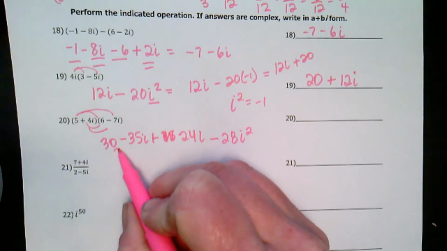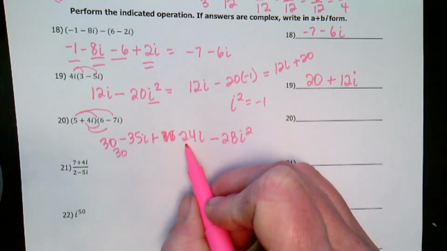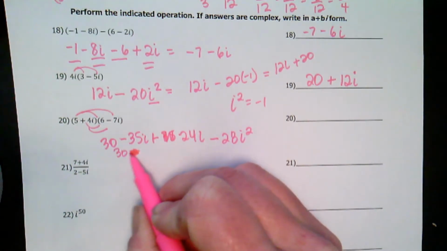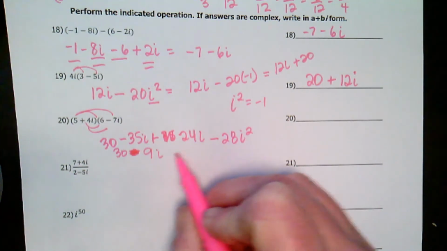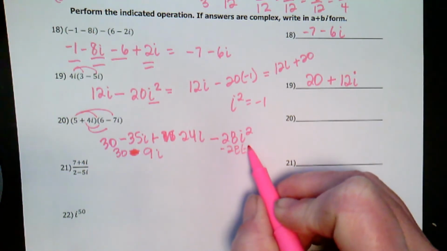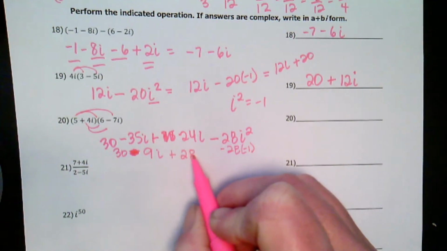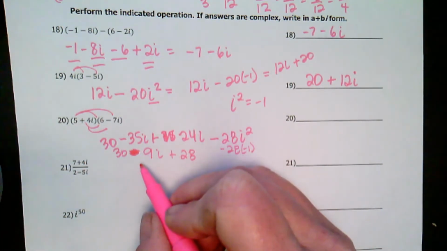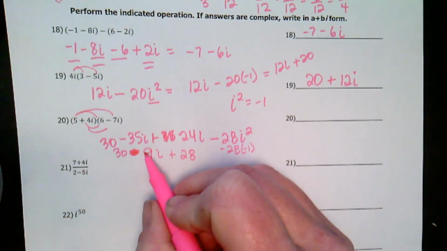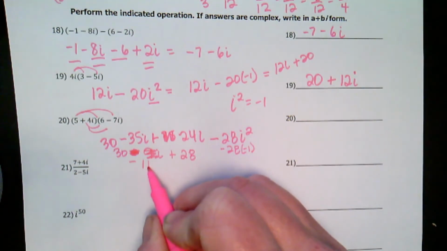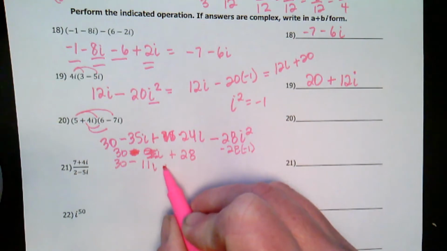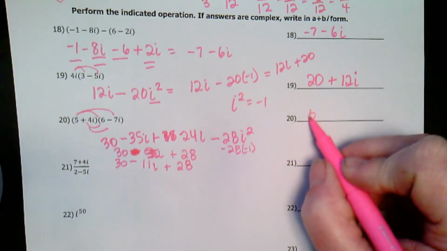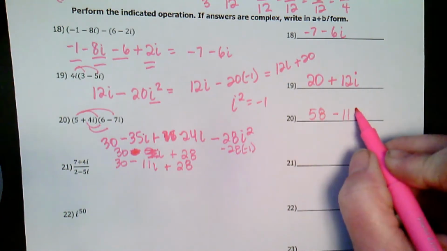So we have 30 and -35i plus 24i is -11i. And then this is -28 times -1, which is positive 28. Sorry, I didn't add correctly in my head. Then we put these two together, we get 58 minus 11i.